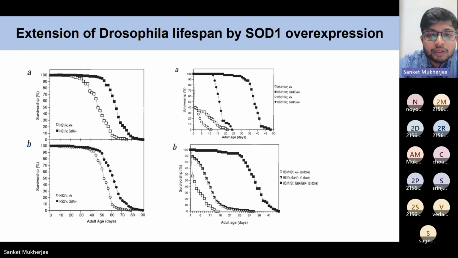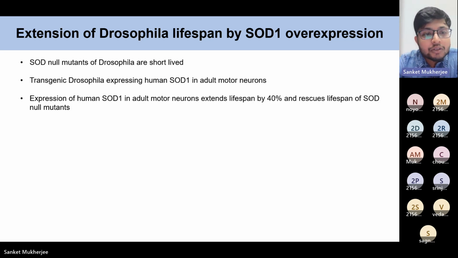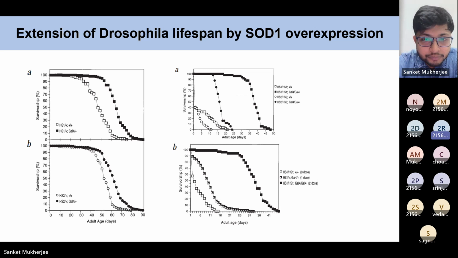Similarly, we see the same two graphs for SOD1 and SOD2. Here also we observe that SOD1 overexpression extends the lifespan of Drosophila more than SOD2. You can go through it. The papers have been given. So SOD null mutants means we are introducing the human SOD gene into the Drosophila. Yes. Okay.